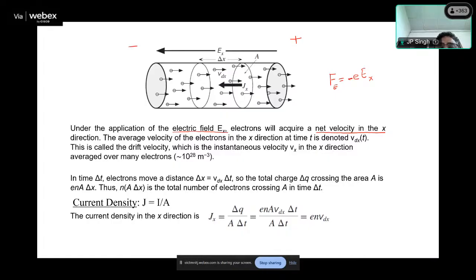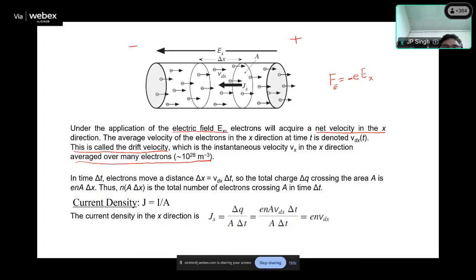If we average the x-direction velocities over all the electrons, that is known as the drift velocity, the instantaneous velocity in the x direction averaged over many electrons. Something like 10 raised to power 28 electrons per meter cube, a very huge number that you have to average out.